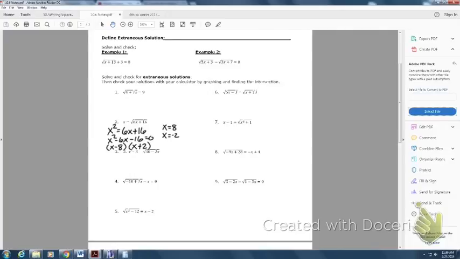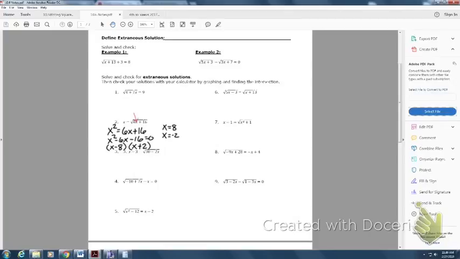Alright, so now we need to check to see which one of these is going to be considered our extraneous solution. Will you plug 8 in for that x right there? Let's see what that right side of the equation gives you. Will you put negative 2 in there and see what it gives you? Everybody else kind of look up here.